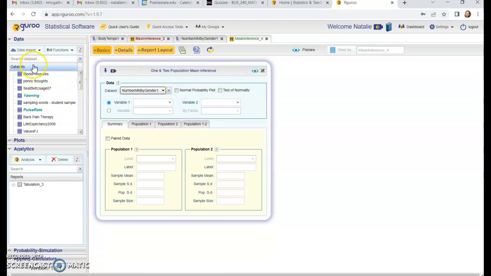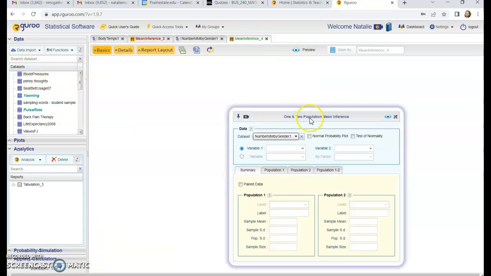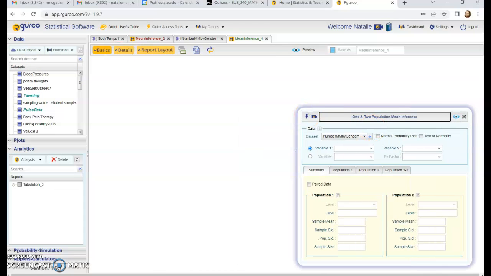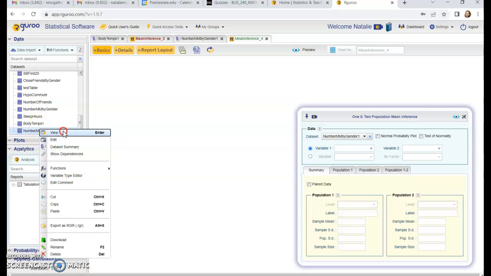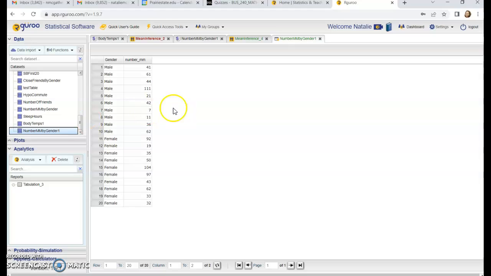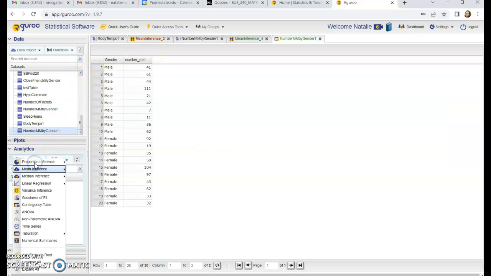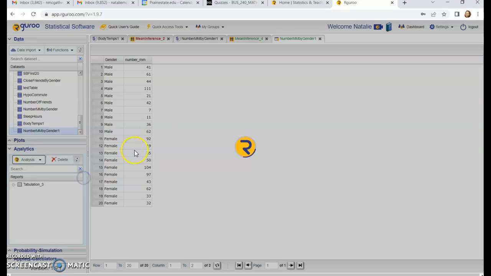Now I want to go back just a minute and look at that data. It's a little bit different than the other data set that we had, in that it doesn't have a whole separate column for the males and a whole separate column for the females. It's all listed in one. So in this case, what I need to do is mean inference.